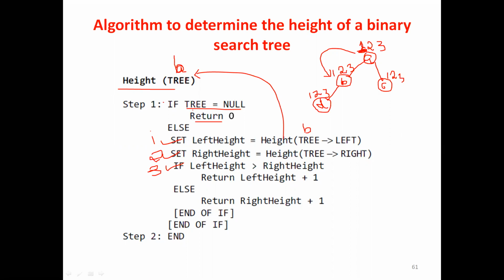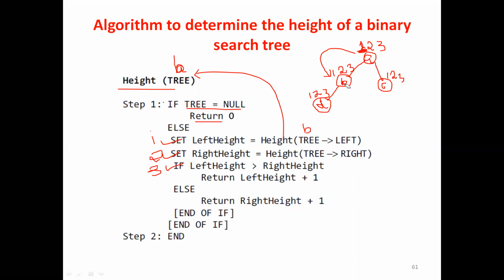Now B is passed. Again B is checked. Is it equal to null? No, it is not equal to null. It is in the first step right now. At node B, the first step is executed. Now we are calling height of tree left.